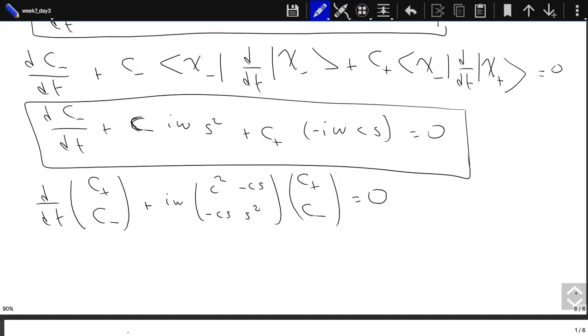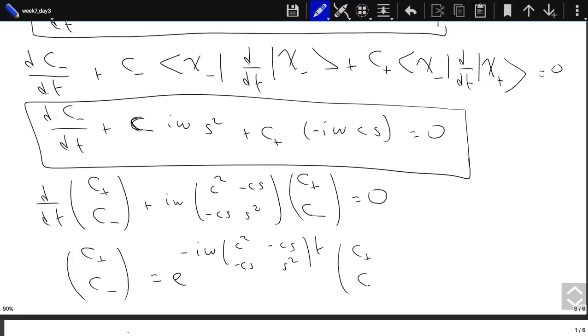Well, one possibility is just saying C plus, C minus is equal to e to the power minus I omega times the matrix C squared, minus CS, S squared times t, acting on C plus, C minus at time t equal to 0. This is one way.